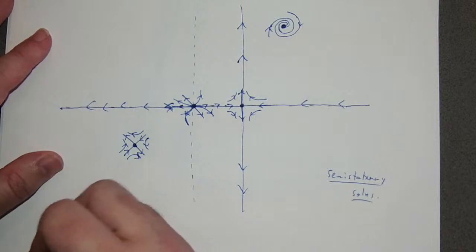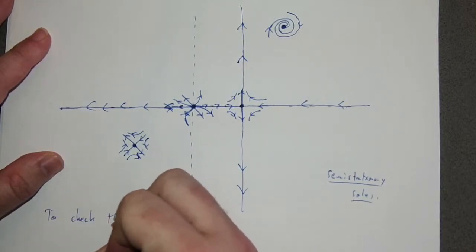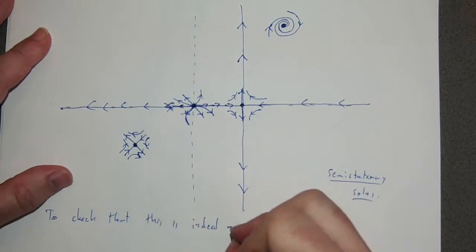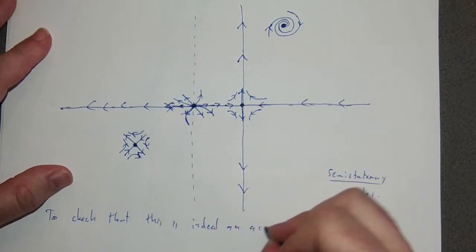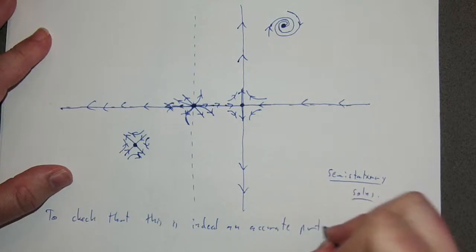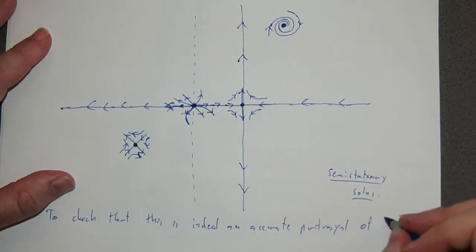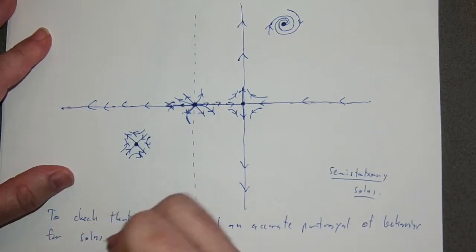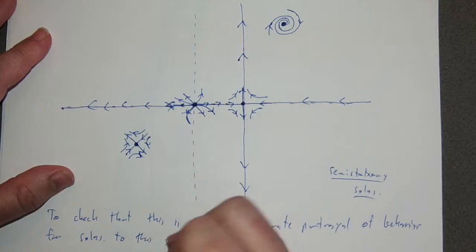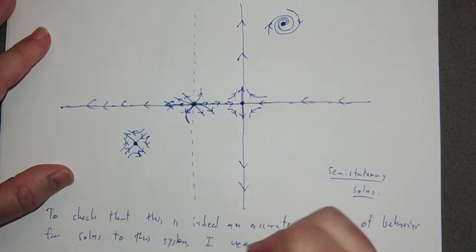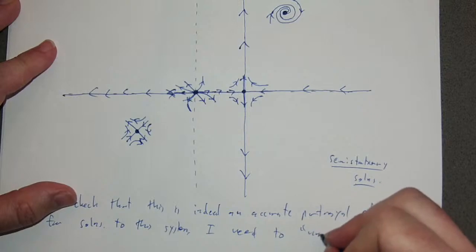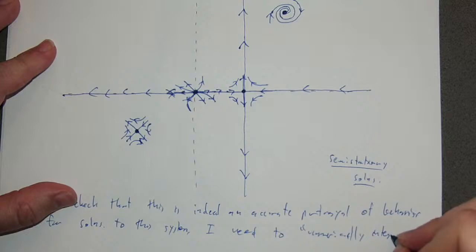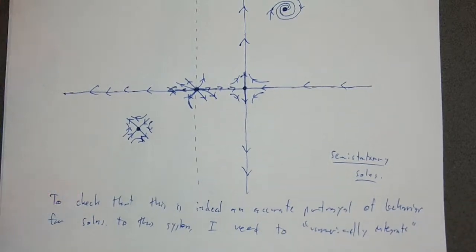So to check that this is indeed an accurate portrayal of behavior for solutions to this system, I need to numerically integrate by like Runge-Kutta or something like that.